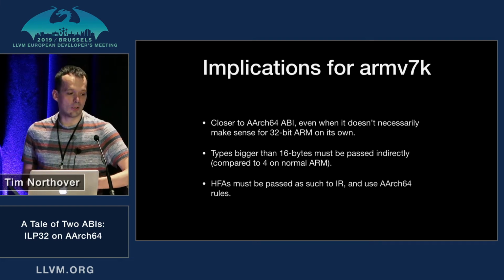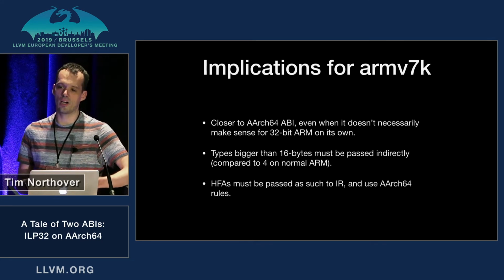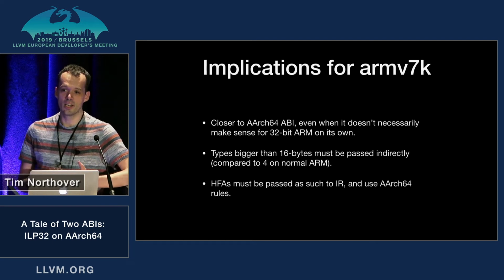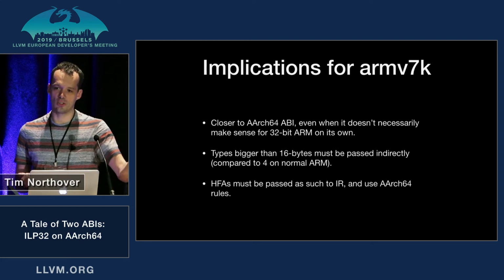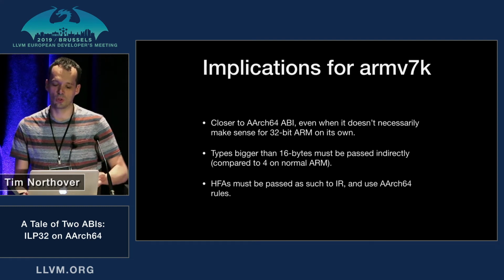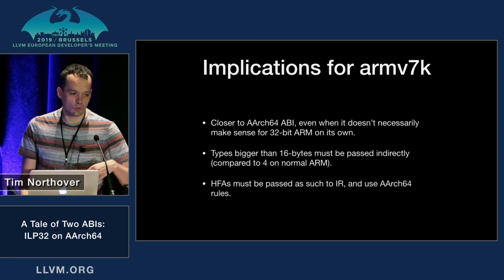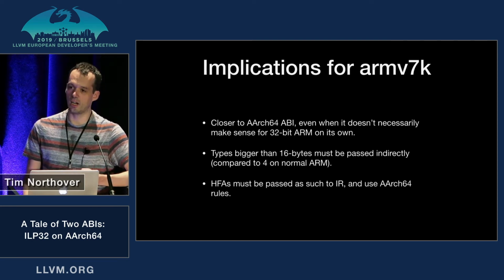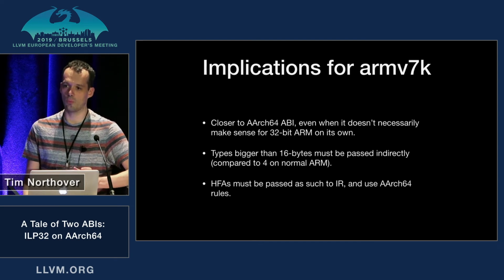I mean, most notably, the threshold where structs decide to become passed indirectly is only 4 bytes on most ARM32 targets, but is 16 bytes on ARM64 and our ARMv7k ABI, because there was no way we could make it the 4-byte size originally and continue to produce sensible output assembly in the ARM64 world that was compatible. And where the rules for homogeneous aggregates that I mentioned earlier differ, there again, they take the ARM64 thresholds for when it's worthwhile.